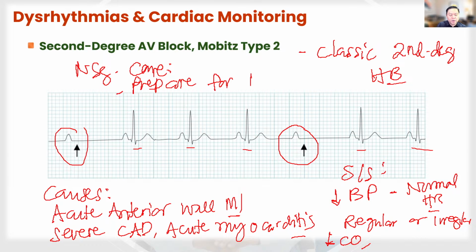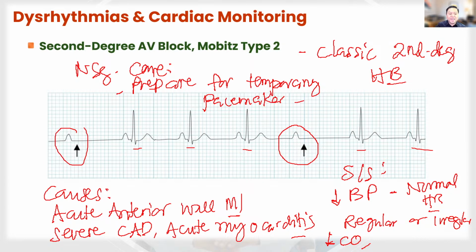Prepare for temporary pacemaker. So this is what we call a transcutaneous pacemaker. And this is something that we should be ready for when the patient is becoming bradycardic and symptomatic, because the cardiac output now is affected.